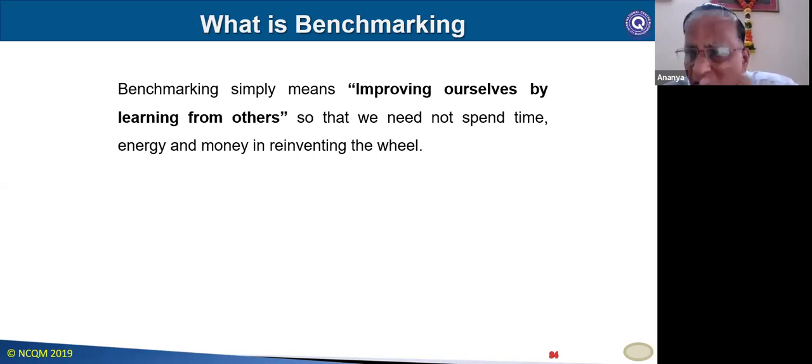So the idea is that we ourselves decide who is the best among our operations, and then try to follow. It's a very involved process, so it may not be just copying something. Benchmarking is not just copying. Benchmarking is trying to understand what they do, how they do it, and where it is possible for us to refine our process to make it happen.